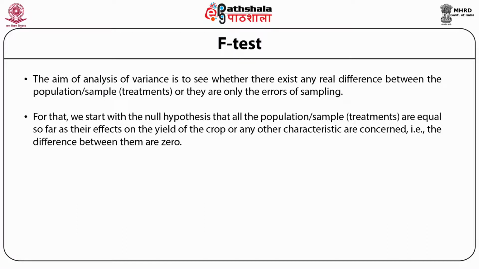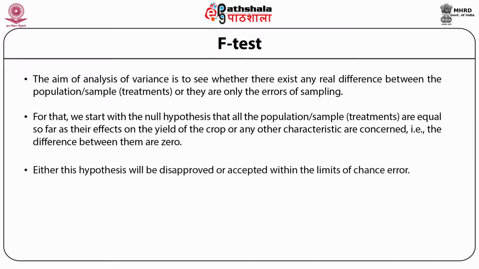It means the difference between these populations is 0. The null hypothesis will be mu1 is equal to mu2 is equal to mu3 up to mu n. Either this hypothesis will be disproved or accepted within the limits of chance error.